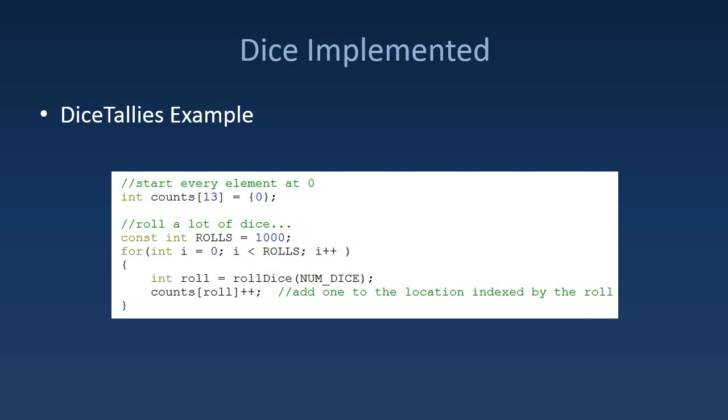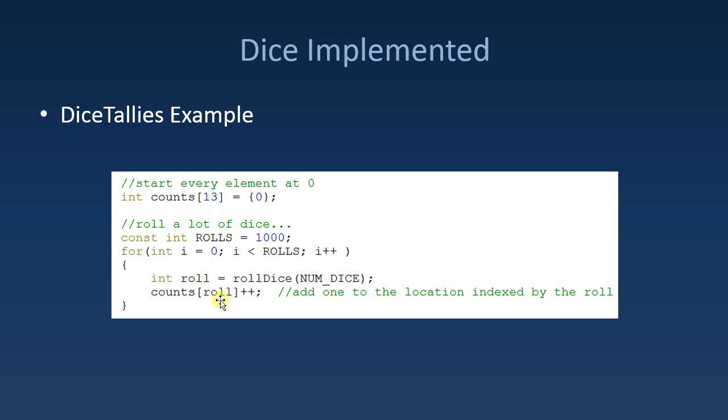So how might this look in code? Well, I make an array with 13 slots, initialize everything to 0. 1,000 times I'm going to roll some dice, and I've got a function. We don't have to worry about exactly how that works. That's going to roll however many dice I'm rolling, in this case 2, and it can give me back a number between 2 and 12. That'll be the roll. I can use that value to index directly into my array.